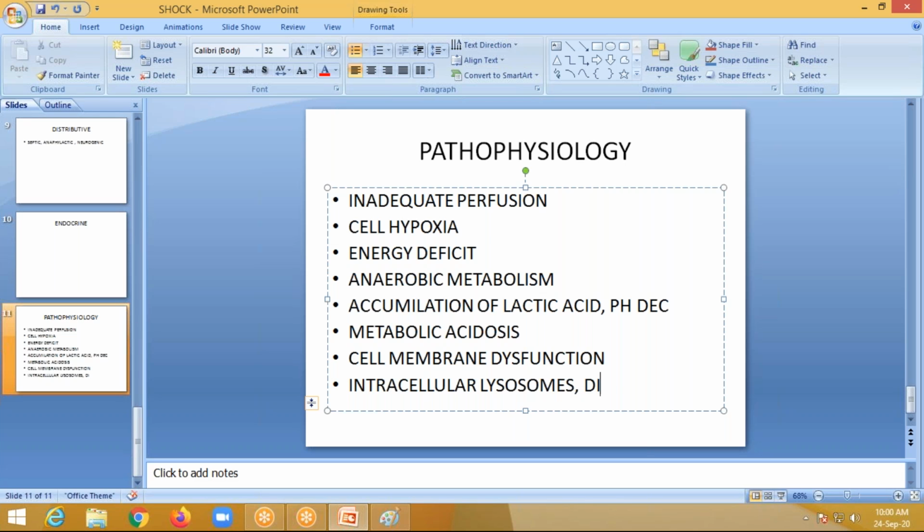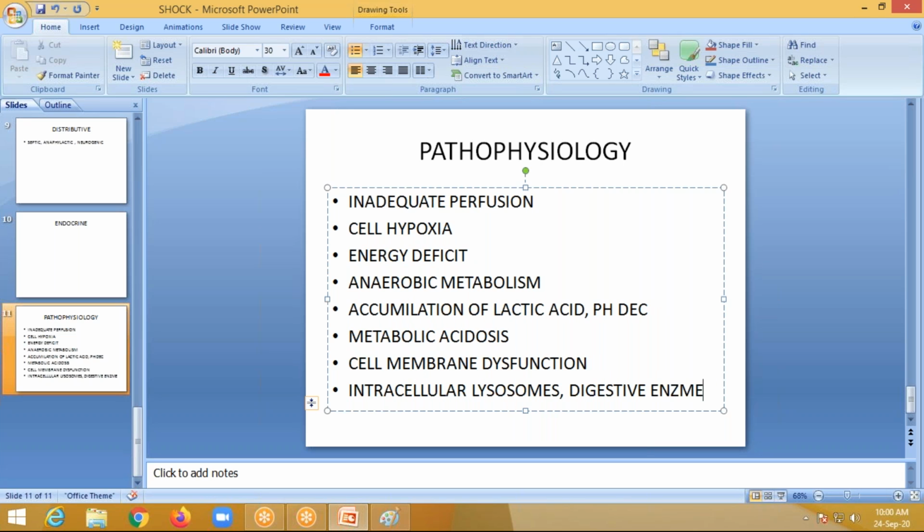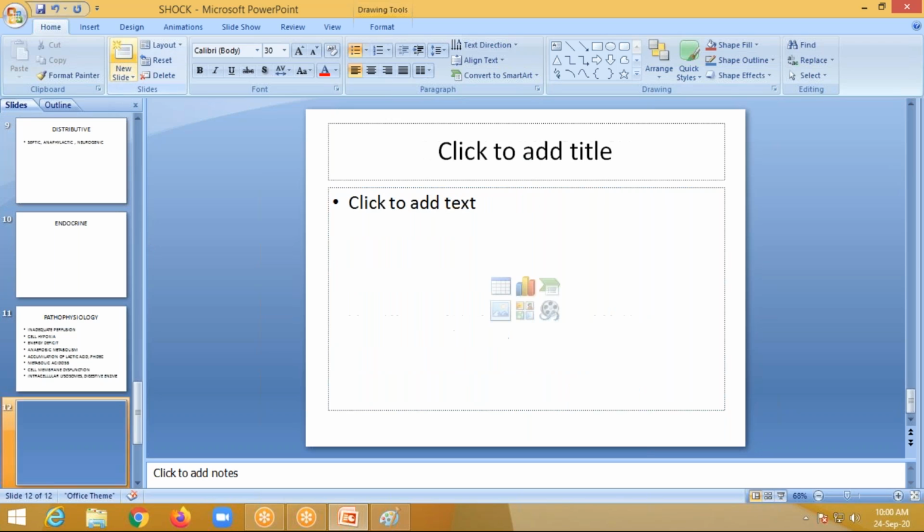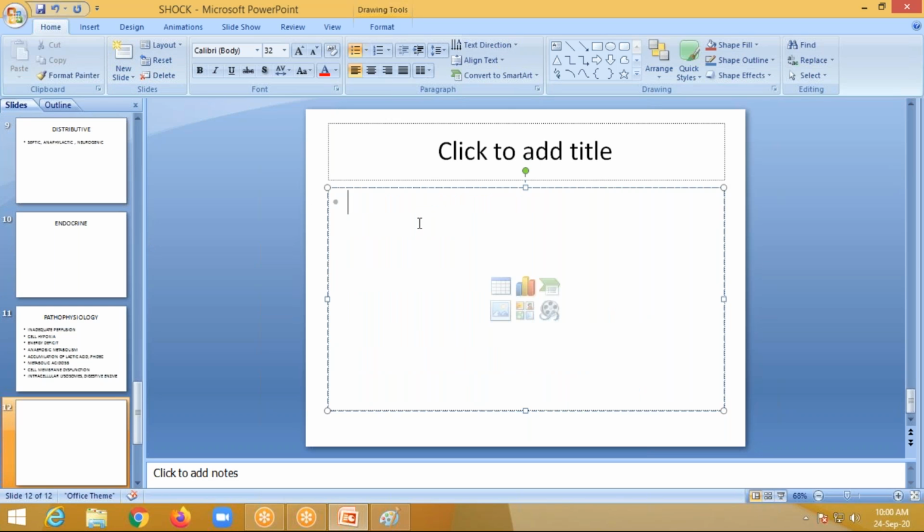These are digestive enzymes. These cells will lyse. Lysis means death. Death of the cells will occur because of these components.